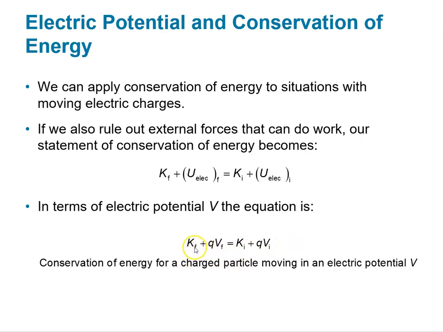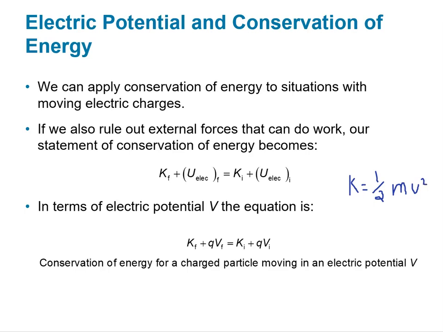So the equation for kinetic energy is going to be the same. And just as a reminder, kinetic energy is equal to, you should remember this from first semester, 1/2 mass times velocity squared.